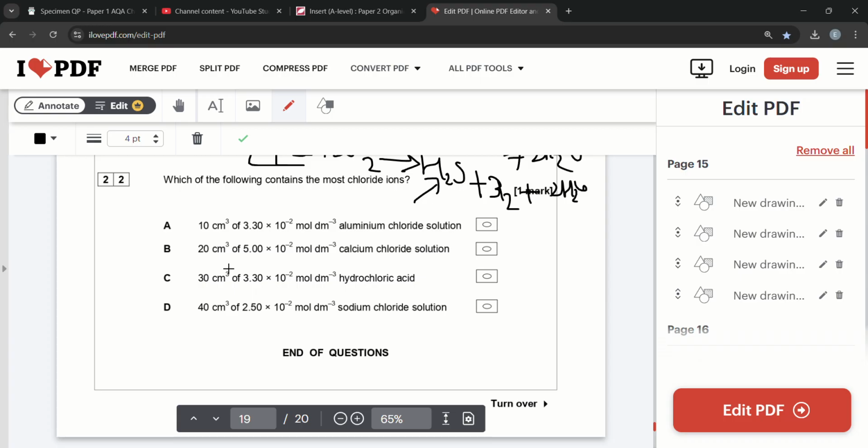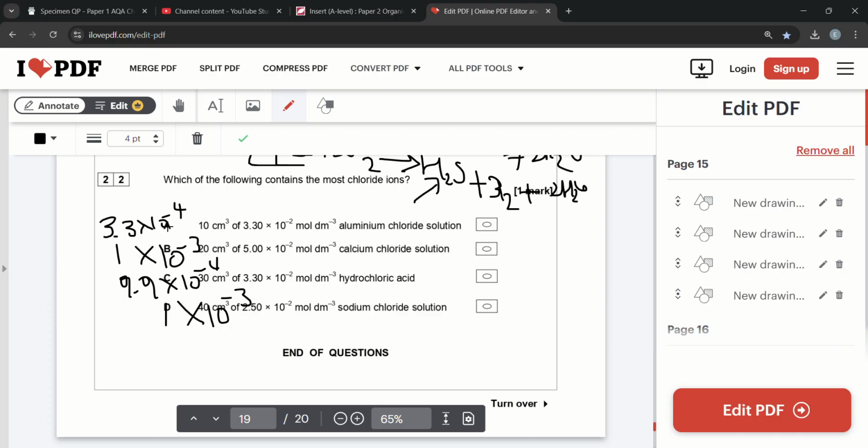I guess we just find the moles of each one, using the formula moles equals concentration times volume. 10 divided by 1000 times 3.30 times 10 to the power minus 2, that's 3.3 times 10 to the power minus 4. 20 divided by 1000 times 5.0 times 10 to the power minus 2. 30 divided by 1000 times 3.30 times 10 to the power minus 2, that's 9.9 times 10 to the power minus 4. 40 divided by 1000 times 2.50 times 10 to the power minus 2, that's 1 times 10 to the power minus 3.